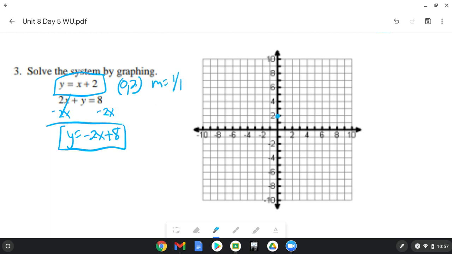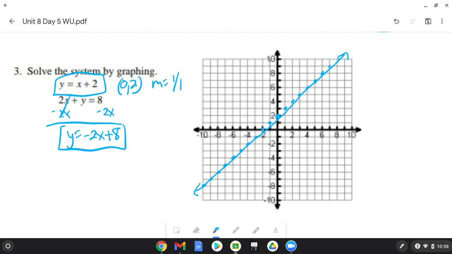So I go to 0, 2, and then up 1 over 1 forever. I'll go down 1 over 1, too, to go in the other direction. So down 1 to left 1, down 1 to left 1. So that would be my first line. Try to go through all those points best I can.